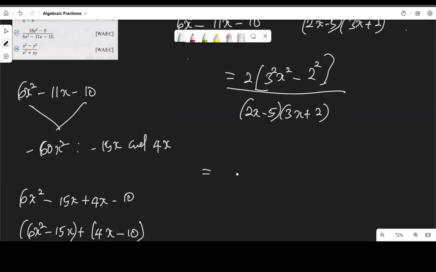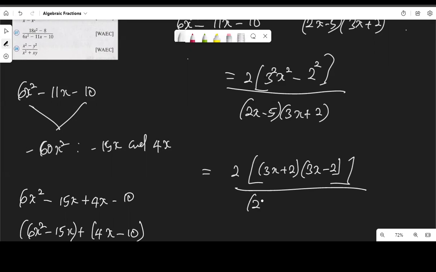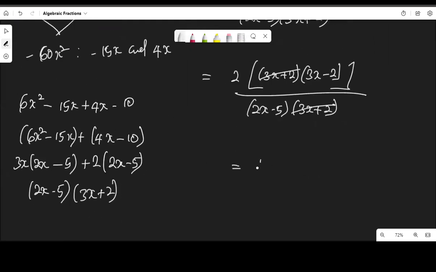If I do that, I'll have 2 multiplied by 3s plus 2 times 3s minus 2 and all over 2s minus 5 and 3s plus 2. So this 3s plus 2 can cancel this. I will therefore be left with 2 times 3s minus 2 over 2s minus 5 as my final answer.